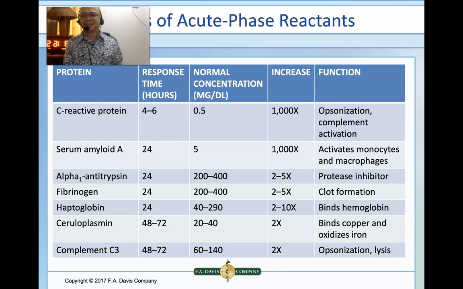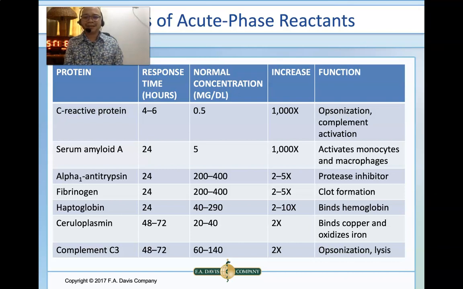There's also another protein known as serum amyloid A. Its function is to activate monocytes and macrophages, but you have to wait for 24 hours, the response time. Then alpha-1 antitrypsin is a protease inhibitor. Fibrinogen is important for clot formation.